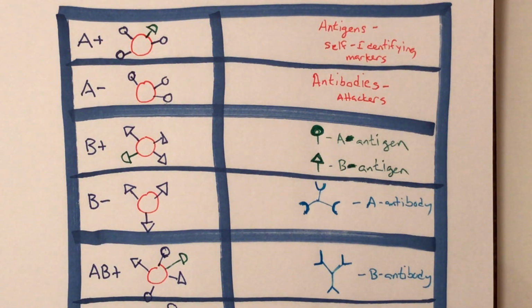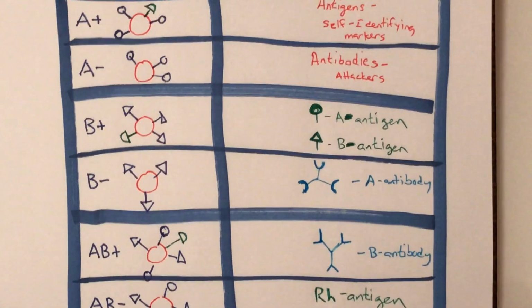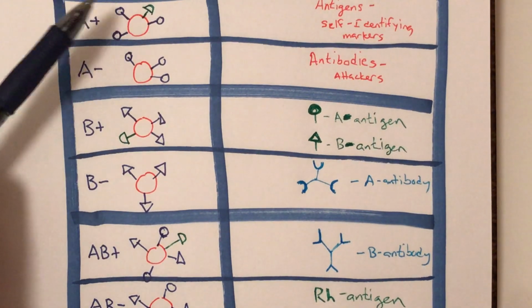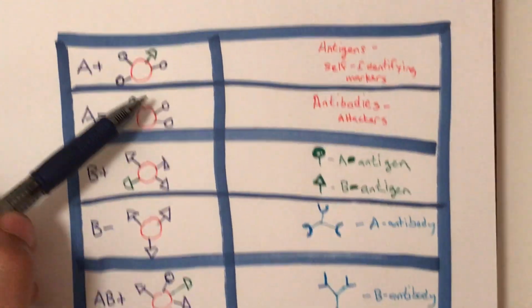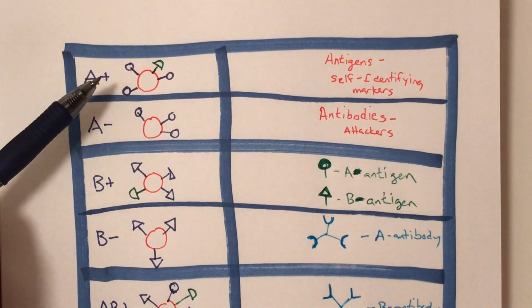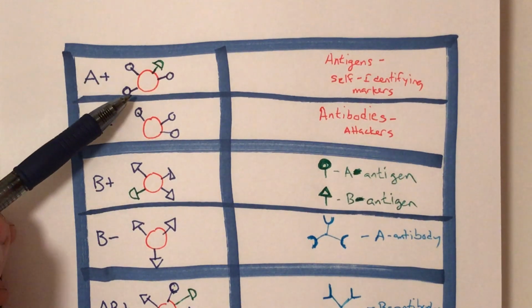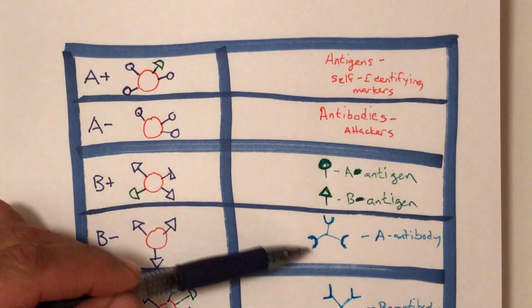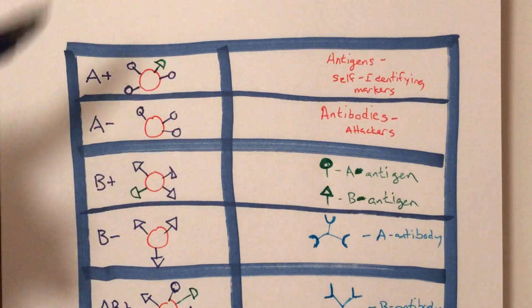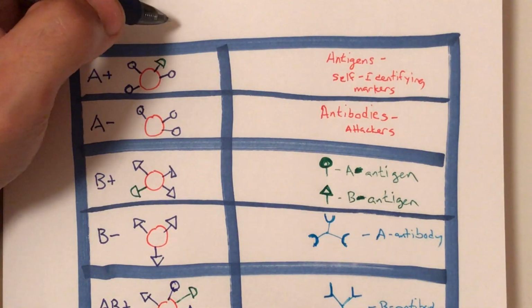The next question to ask yourself is, what else is going on in the blood? What else do you have in the blood concerning the blood typing system? Well, we also have antibodies. We have to put these in.